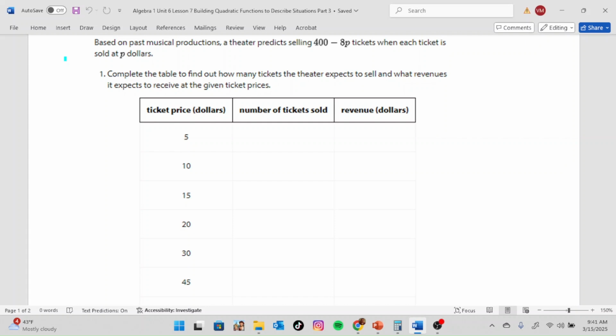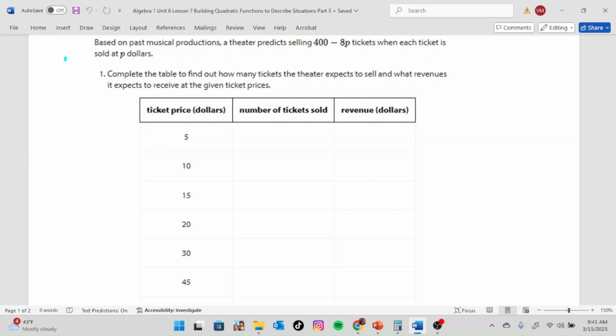So we can see that we have a table where the first column is the ticket price in dollars. The second column is the number of tickets sold, and the third column is the revenue in dollars.